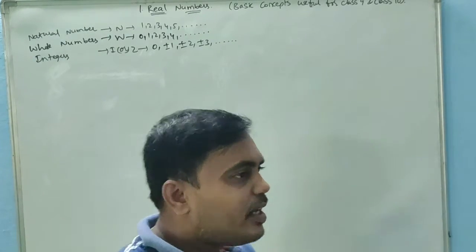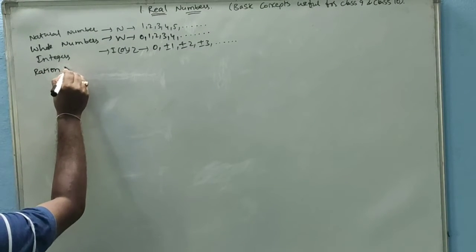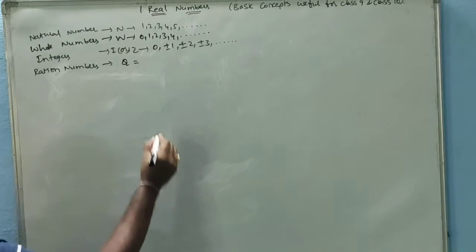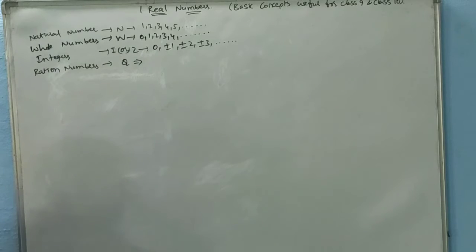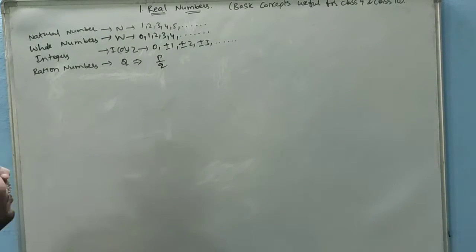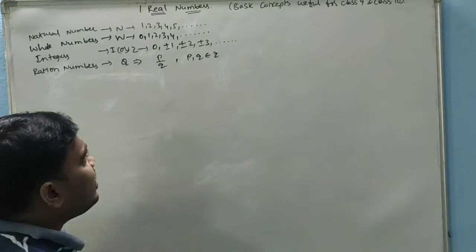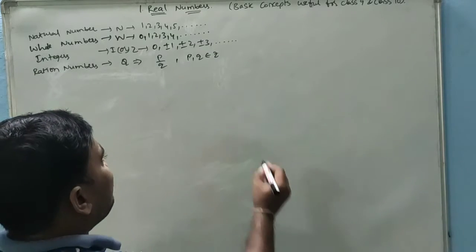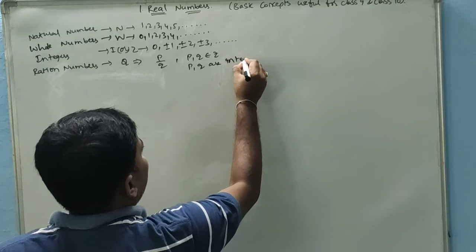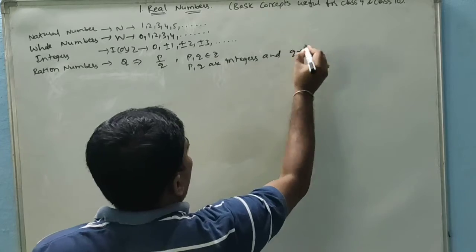Next, rational numbers. Rational numbers are denoted with capital Q, and they are the numbers in the form of p by q, where p and q are integers and the denominator q is not equal to 0.